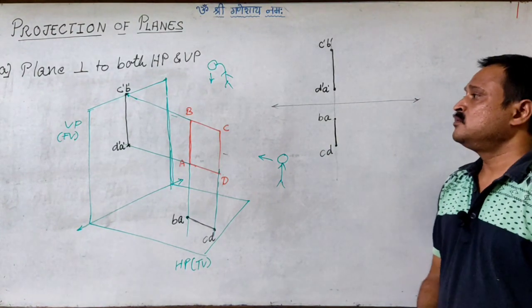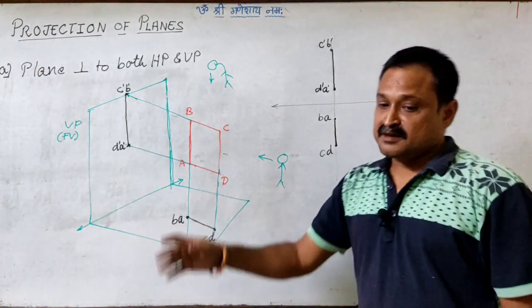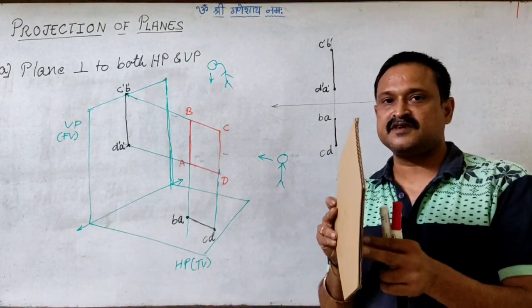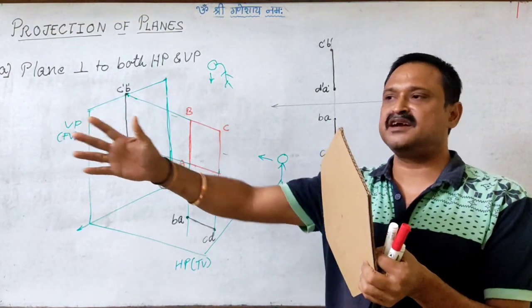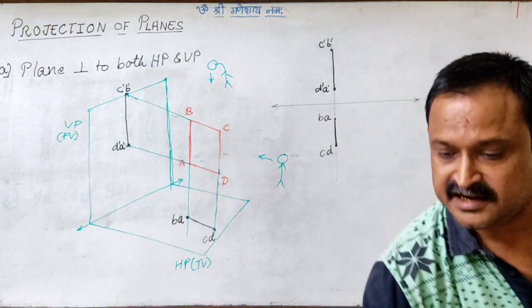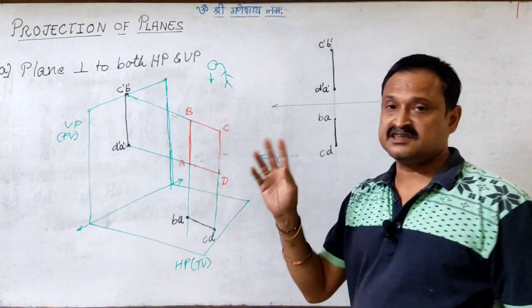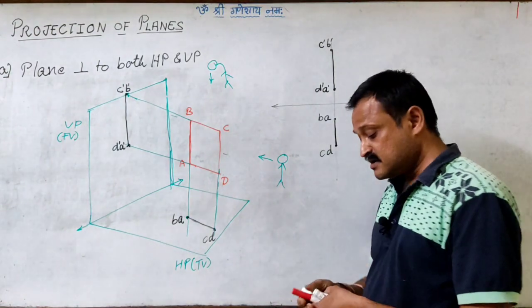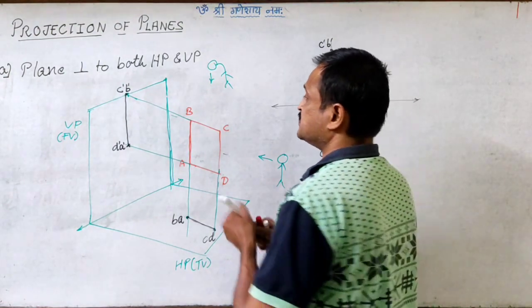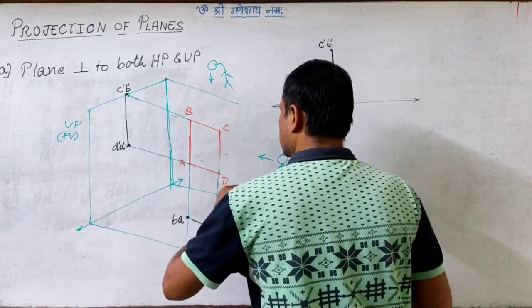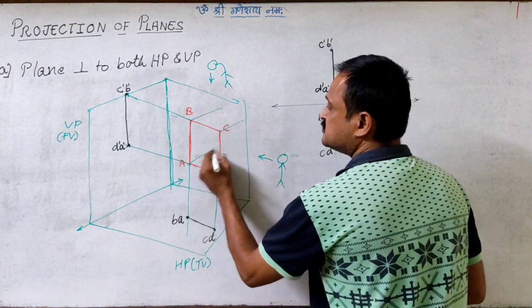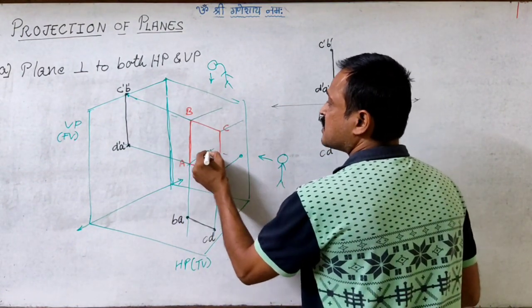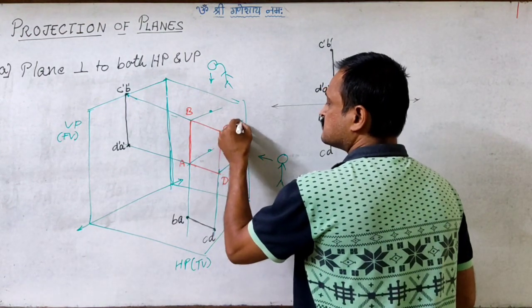Now if I see it in the profile view, the profile plane is perpendicular to both the reference planes, right? So if I want to see the shape of this plane in this condition, then in the profile view, I'll be able to see the image of this plane as this.